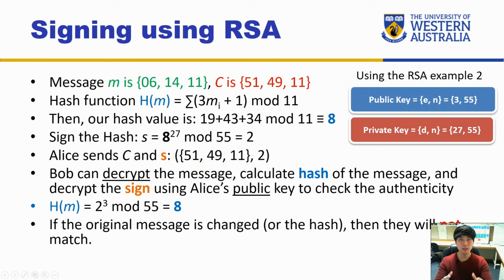Okay, so now Bob receives this. The message is encrypted, so Eve cannot see the plain text. And the signature 2 is also visible. Eve can use Alice's public key to retrieve the hash of the message, but the assumption is the hash algorithm is strong enough that you cannot go back to the plain text. So for a given 8, how would you generate 6, 14, and 11?